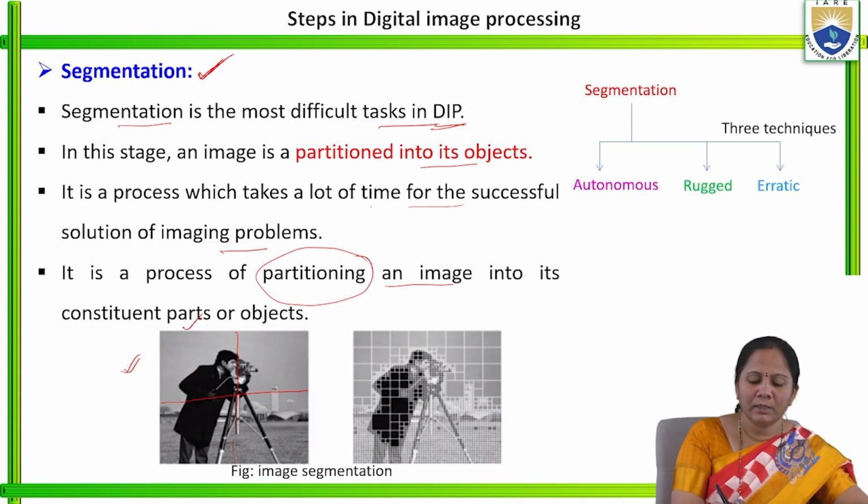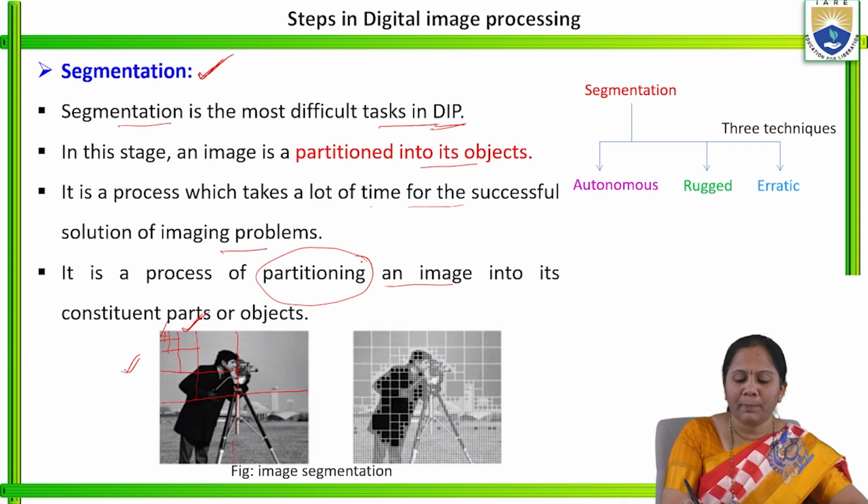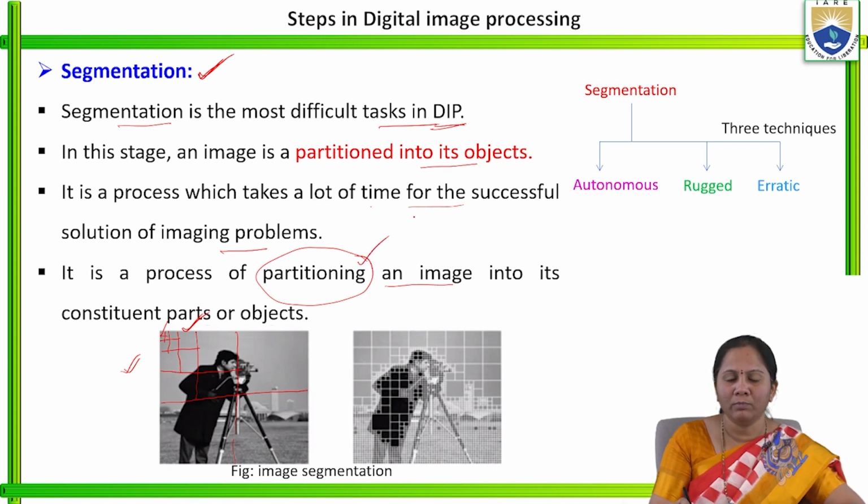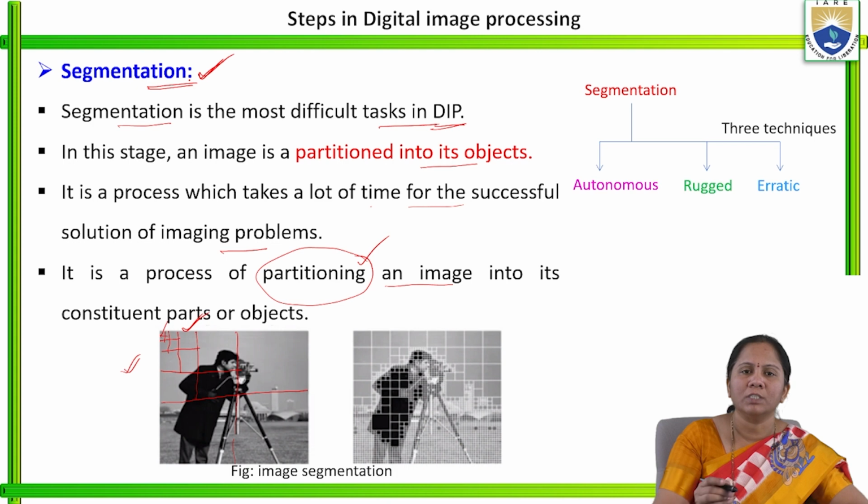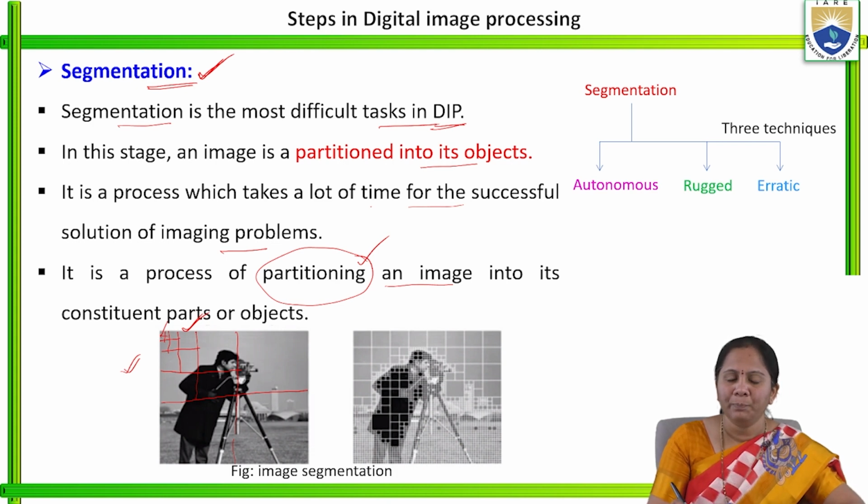Again, considering this part, it will be partitioned into 4, and considering this single one, again it will be partitioned into 4, and again this will be partitioned into 4, and this will be partitioned into 4. Like this, the partitioning of an object is performed in the segmentation concept, which is very difficult. Once the segmentation is done properly, we are going to get good results.